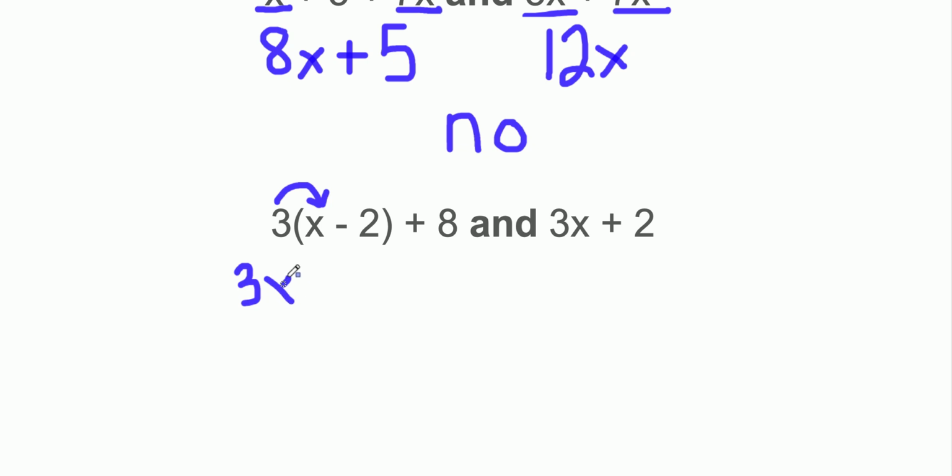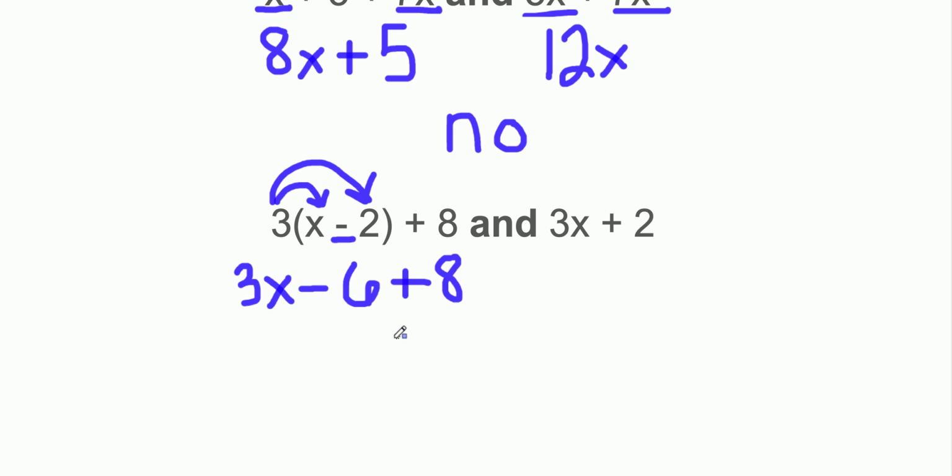Now the part that can get confusing is we are so used to using an addition sign, but inside the parentheses, I have a minus. Okay, I have a subtraction sign here, so I'm going to put a subtraction sign in my problem. Then I'm going to do 3 times 2. 3 times 2 is 6. So I'm going to have 3x minus 6 plus 8, because I have to finish out the expression.